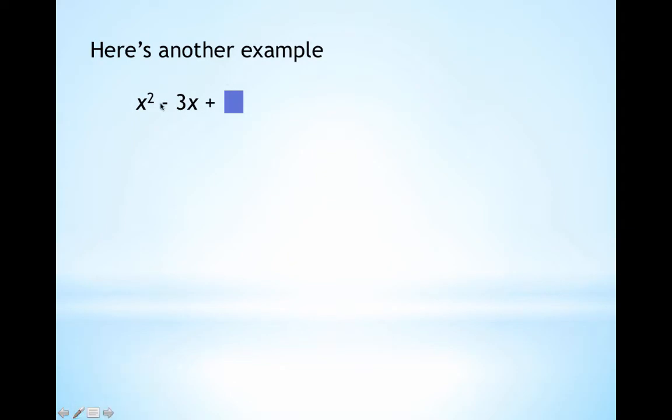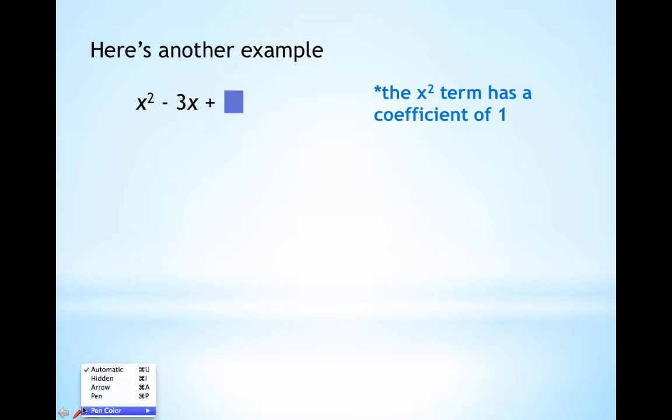All right, here's another example. It has to have a coefficient of 1 for my x squared term. I've got a b value of -3, so I'm going to take half of that. I'm going to square it, which will give me 9/4.